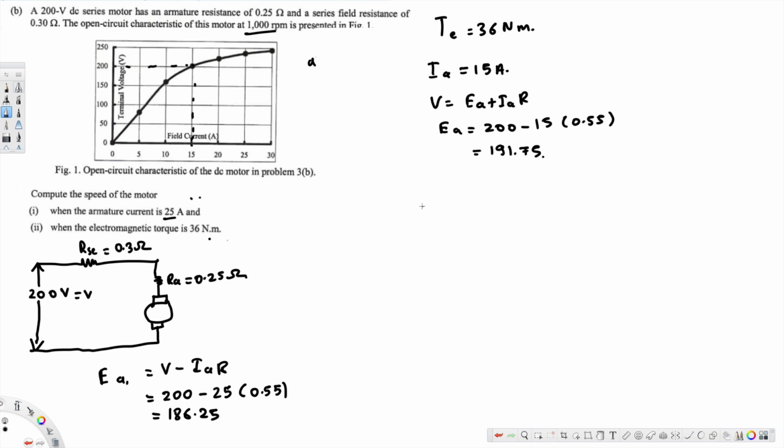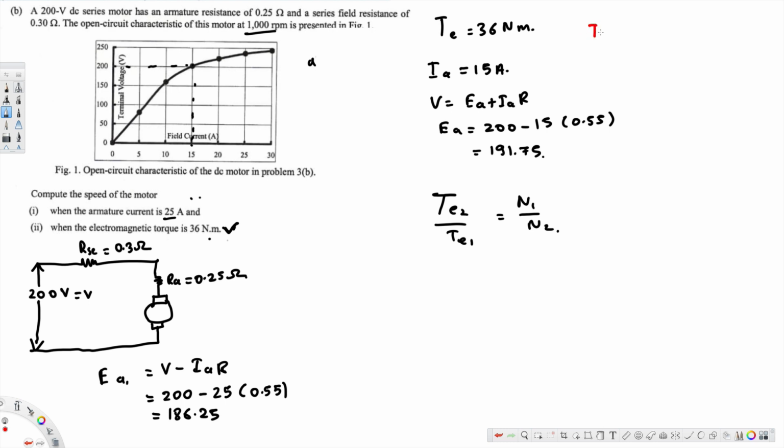And to calculate the torque, this is the equation: TE2 divided by TE1 is equal to N1 over N2. Now we are provided with TE2, 36 Newton meter, but we have to calculate TE1, that's not given.